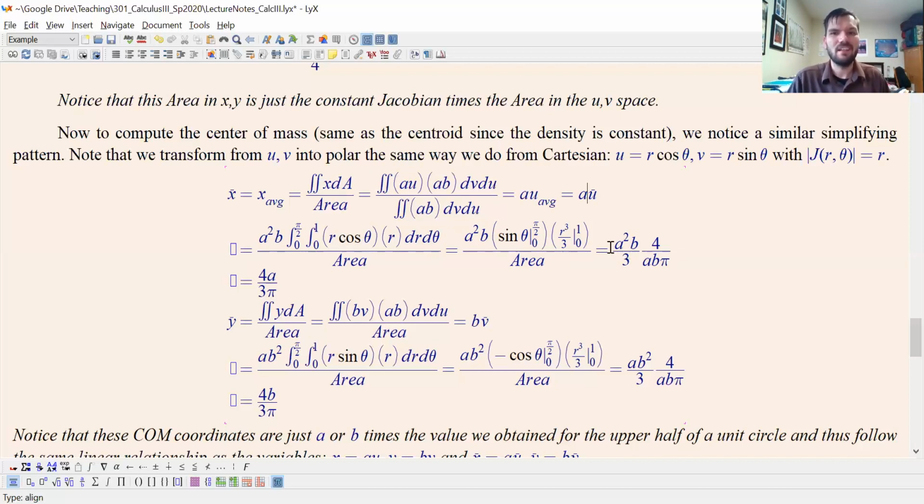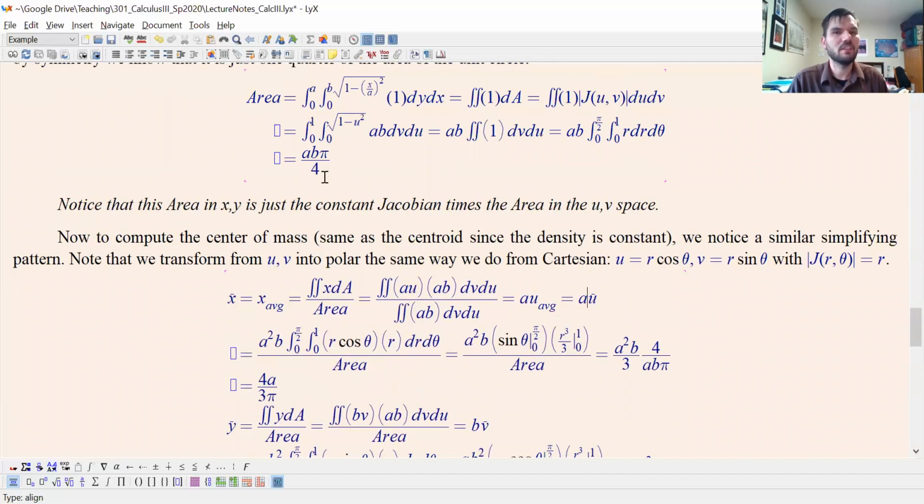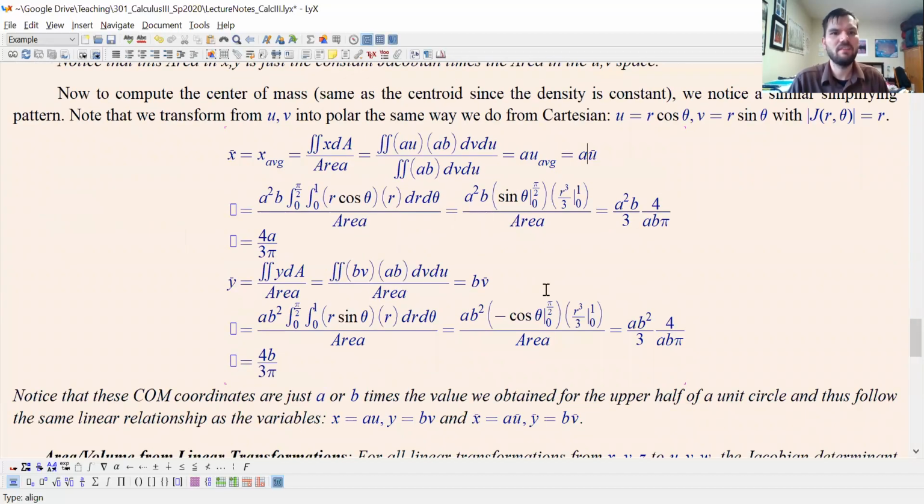second, a squared b over 3 times 4 over ab pi from the area calculation up there, giving us 4a over 3 pi, which, if you remember, is a times 4 over 3 pi.